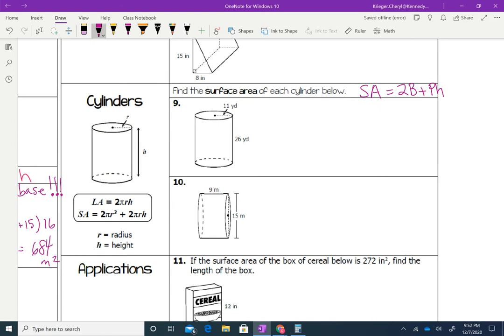The only thing that's different now is that the area of the base is the area of the circle, pi radius squared, plus the perimeter. The perimeter of a circle is called the circumference, right? That's the distance around the circle.